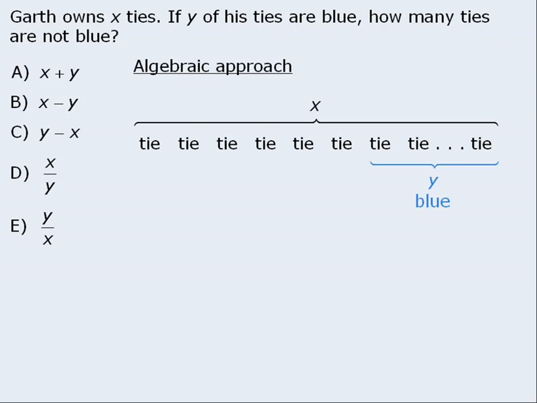This means the remaining ties are not blue. So the number of ties that are not blue will equal X, the total number of ties, minus Y, the number of blue ties. As such, the answer here is B. So regardless of the values of X and Y, the number of non-blue ties will always equal X minus Y.